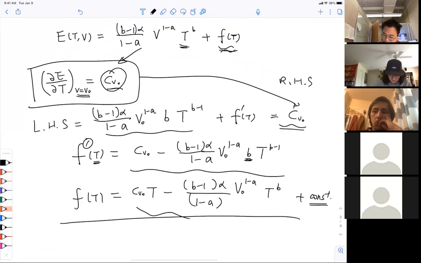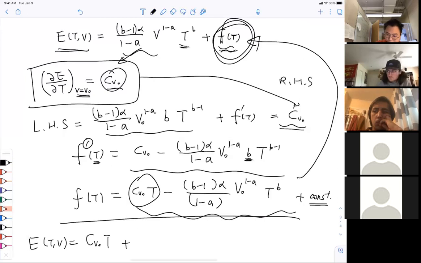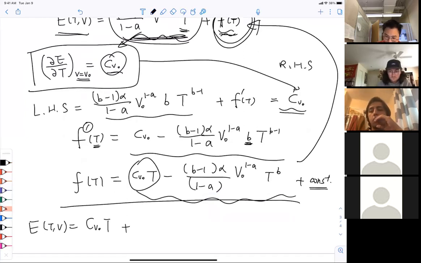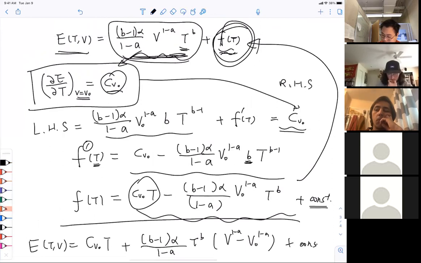Now we only need to plug this into the expression of energy. Then we determine what the energy is. So we have this guy, and we can combine the first term here with this term here, which is B minus 1 alpha and T B, V minus V naught, plus some constant.